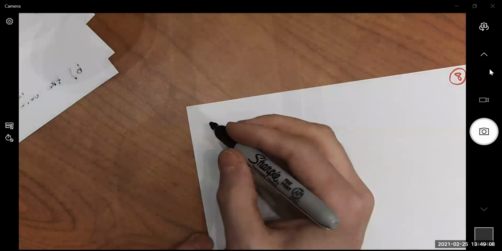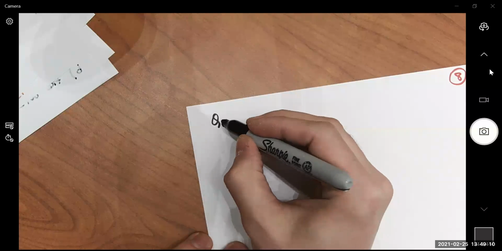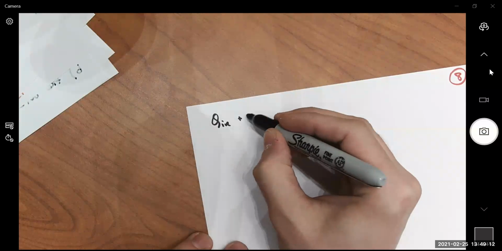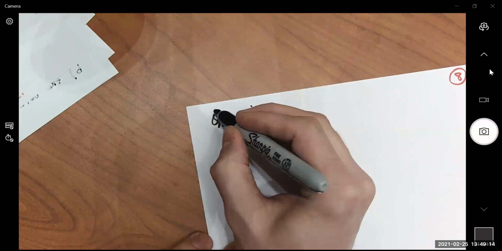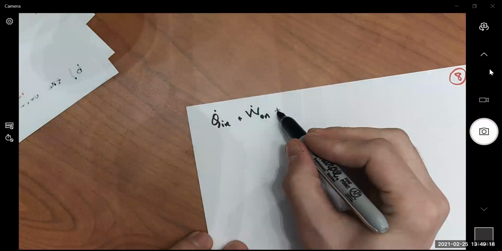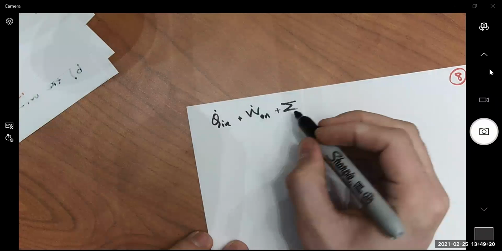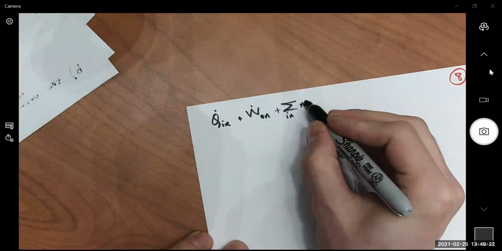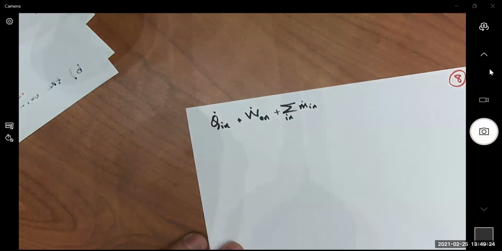So Q in plus work on, and these are all in rate form, plus mass or energy interaction or energy introduced into the system.